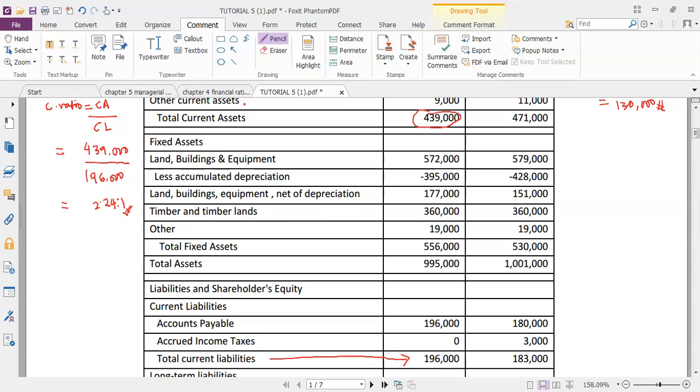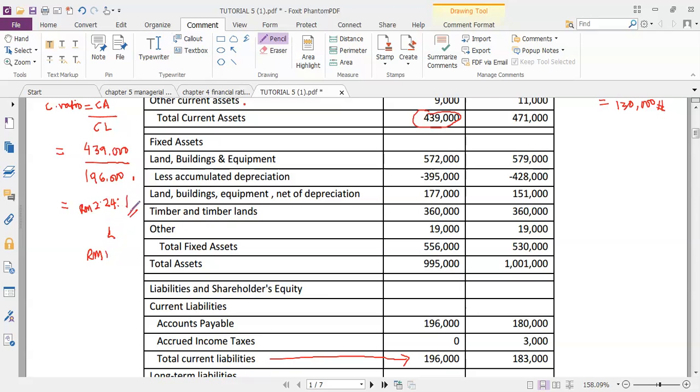Yes? I want to ask where the 1 came from. Okay, 1 is the ratio for the current liability. We assume that one is RM 1 ringgit. It means that we have 2 ringgit and 24 cent of current asset in order to pay RM 1 ringgit of current liability. So that's why the answer is in ratio to 1.